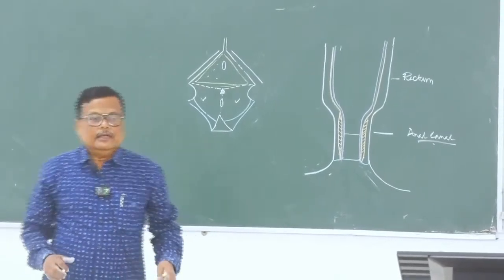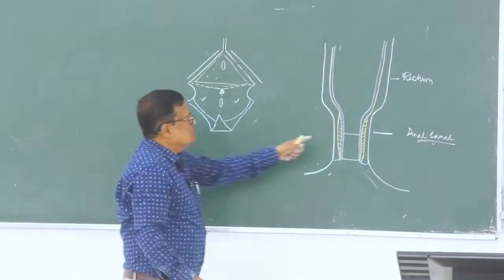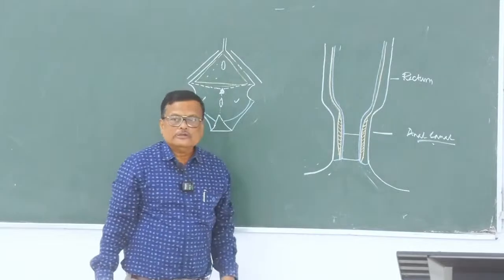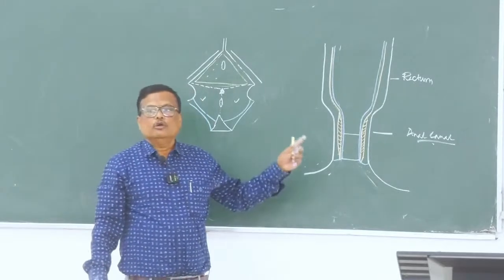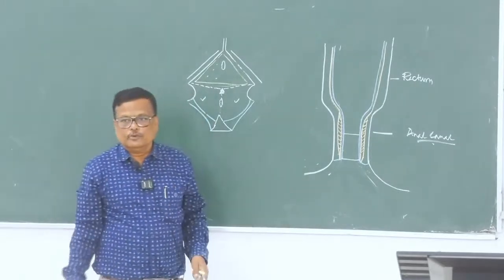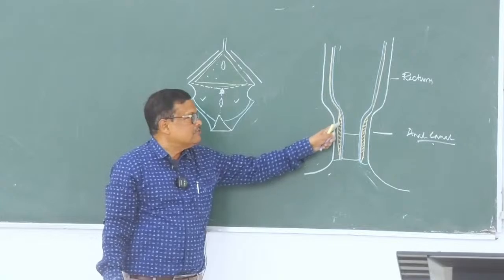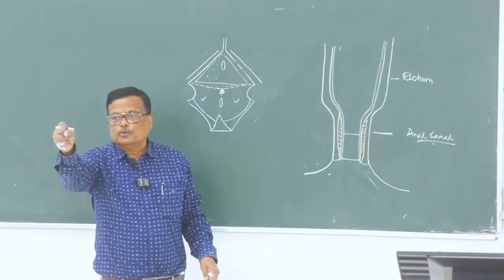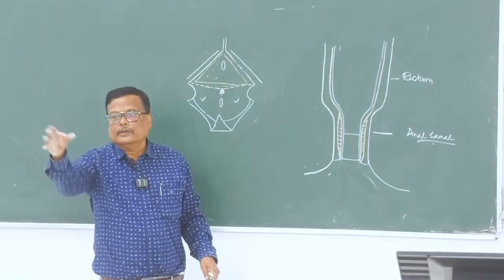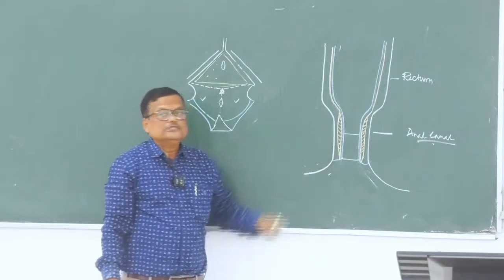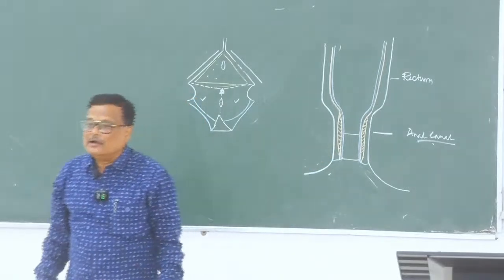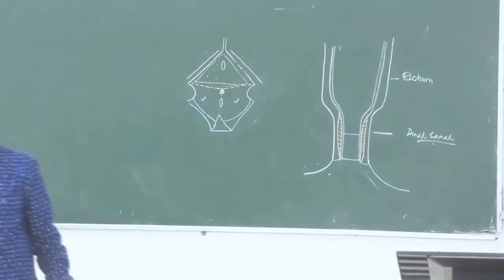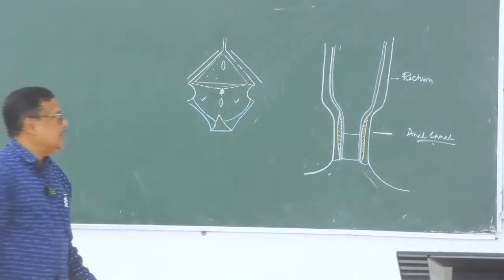The smooth muscle has two parts, circular muscle and outside longitudinal muscle, as we studied in histology. The circular muscle is very much thickened here and forms a sphincter. When it contracts it controls, and when it relaxes it opens. This is known as the sphincter ani internus, within the wall.